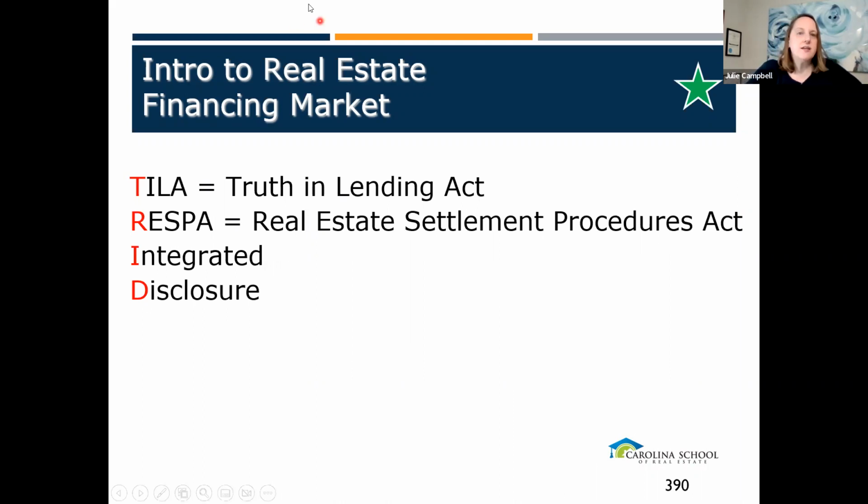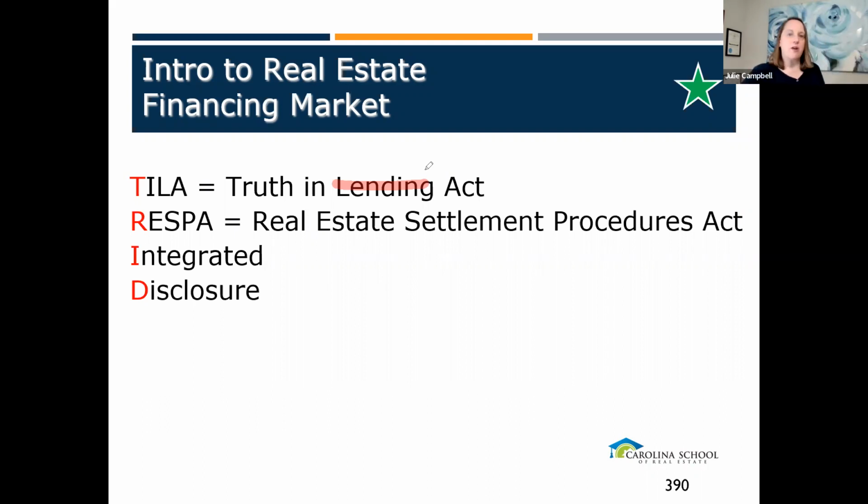When you guys see TILA, I want you to see lending. See the word lending. TILA tells the consumer the cost to obtain the loan. TILA tells the consumer, how much is it going to cost me to get this 30-year loan, for example.